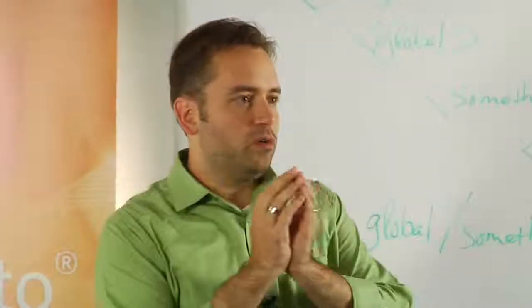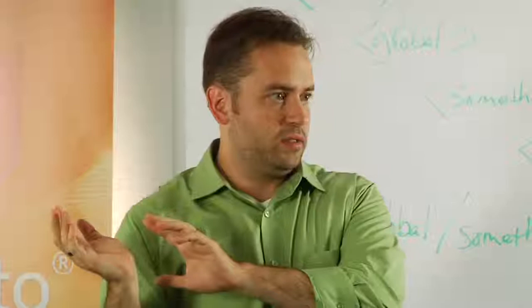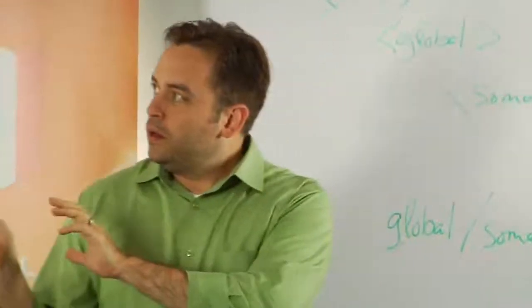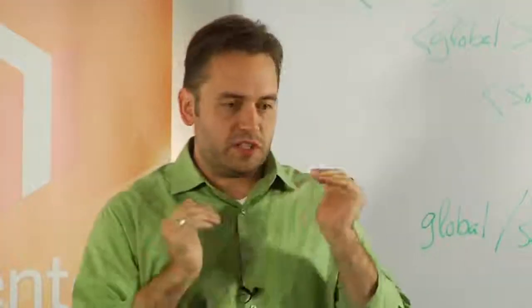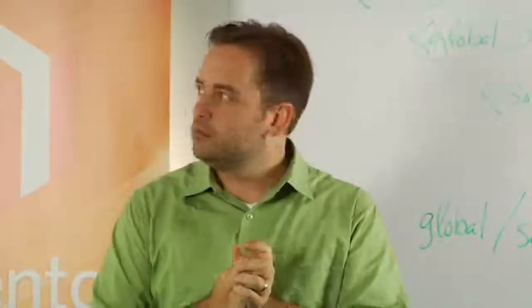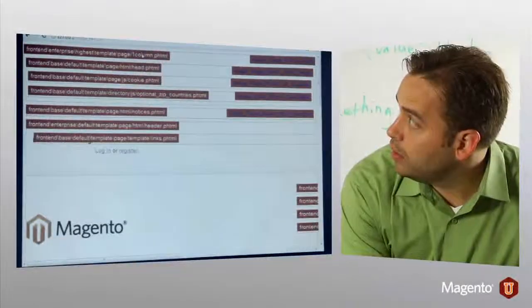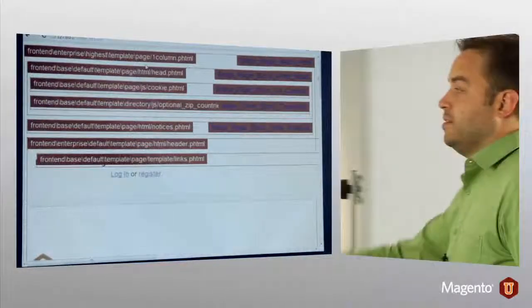So again, all that happens is when the system goes to render all of these blocks, Magento just simply evaluates the theming configuration to find out where it should look and in what order. So I have, if you'll look up here now, my highest.